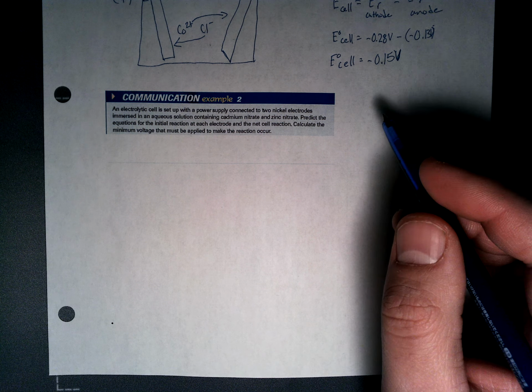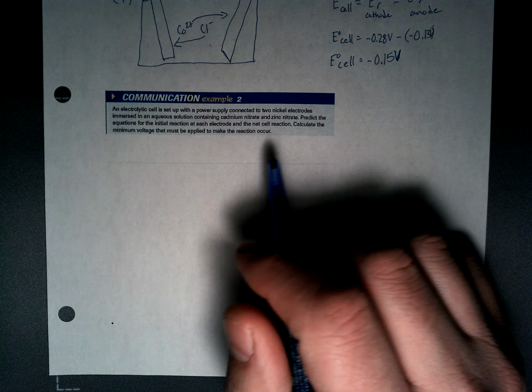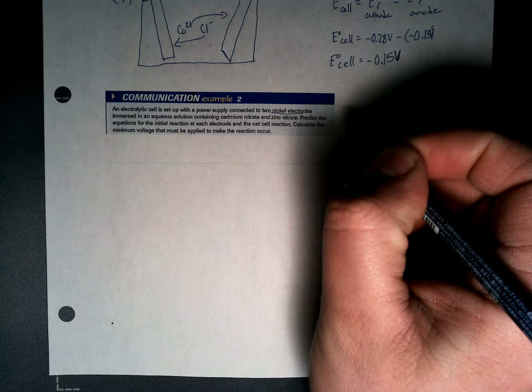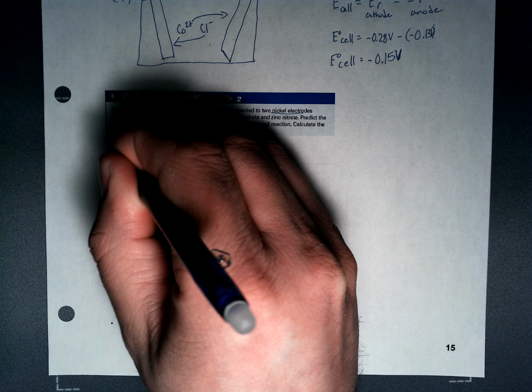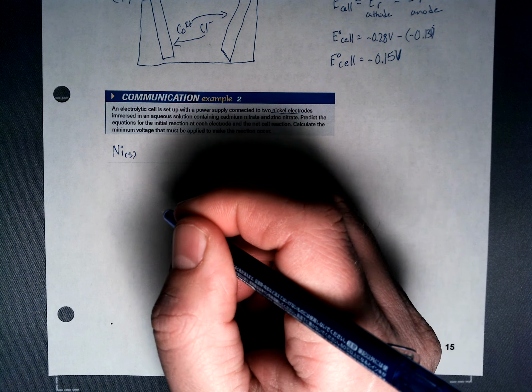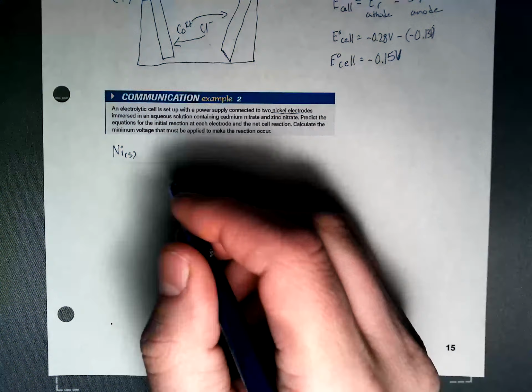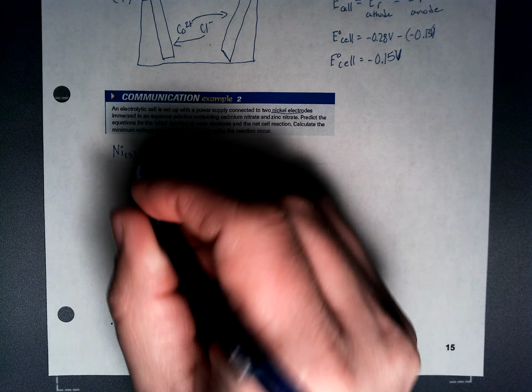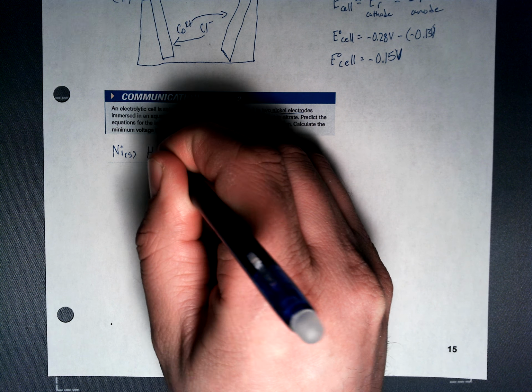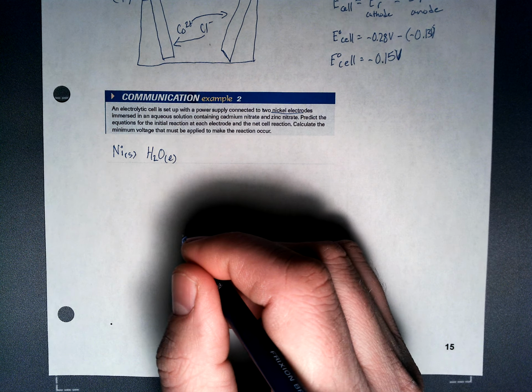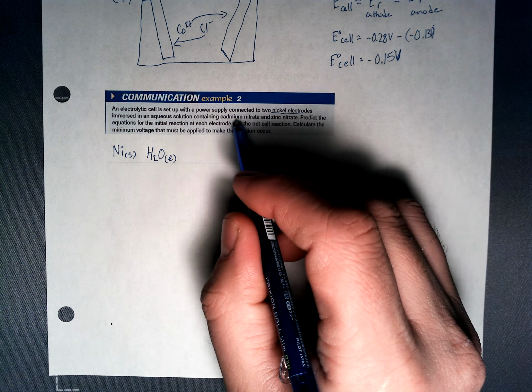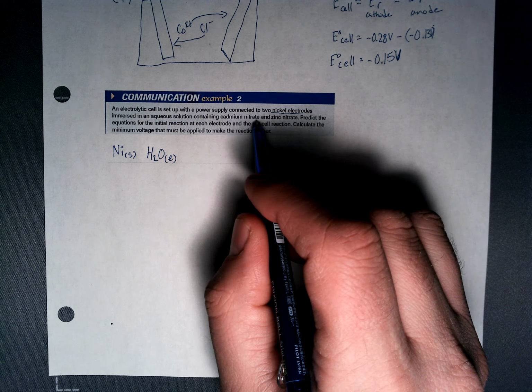So we need to again start. What do we have in here? We have two nickel electrodes. Electrode means it's a solid, so we have solid nickel. It's an aqueous solution, so we have water. Then we have two aqueous solutions.